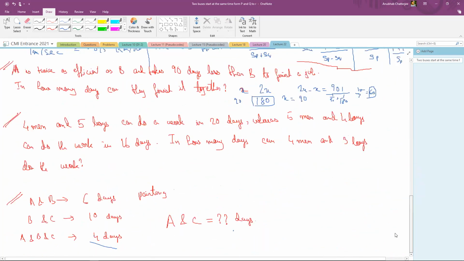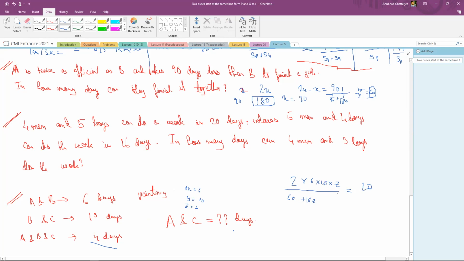So your X is 6, Y is 10, Z is Z. So you have 2 into 6 into 10 into Z by 60 plus 16Z equals 10 from the formula.